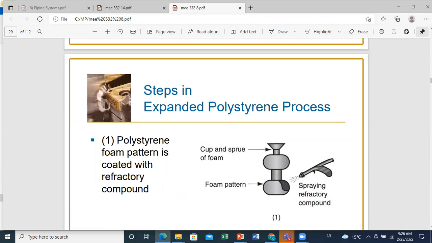Your pattern will be constituted of all parts desired: the sprue, and the pattern of your cavity, how your cavity should be. What you do then is you spray a refractory compound in order to coat your pattern with a refractory compound, in order to sustain very high temperatures.